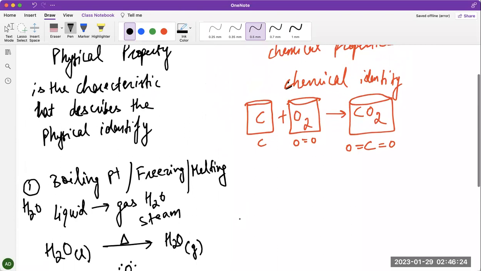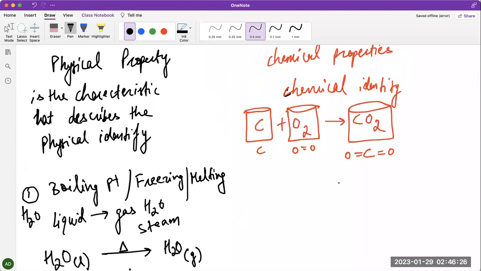Okay, now on the other hand, what about burning something? So when you burn something, so flammability, the ability to burn itself. So this is a chemical change, because it is the identity of that chemical that makes it susceptible to catch fire or not.